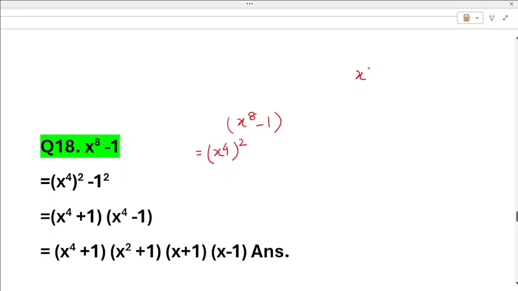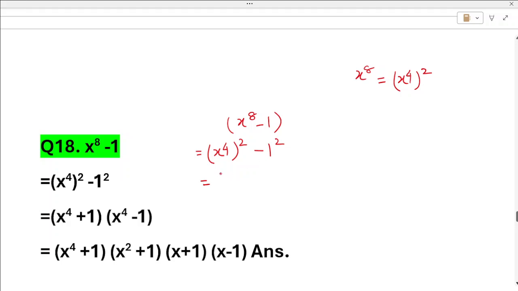If you have learned in the chapter of indices, you can put x to the power 8 as x to the power 4 whole square, and you can express 1 as a square of 1. Now express as a sum and difference. Now these are a square minus b square.